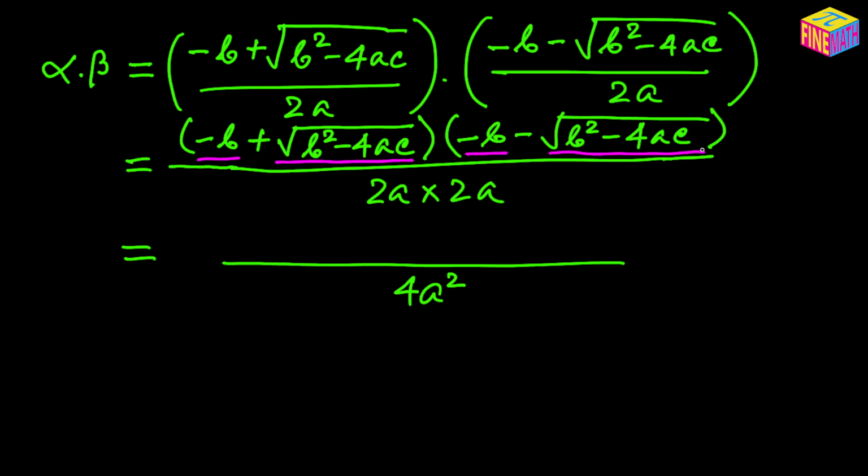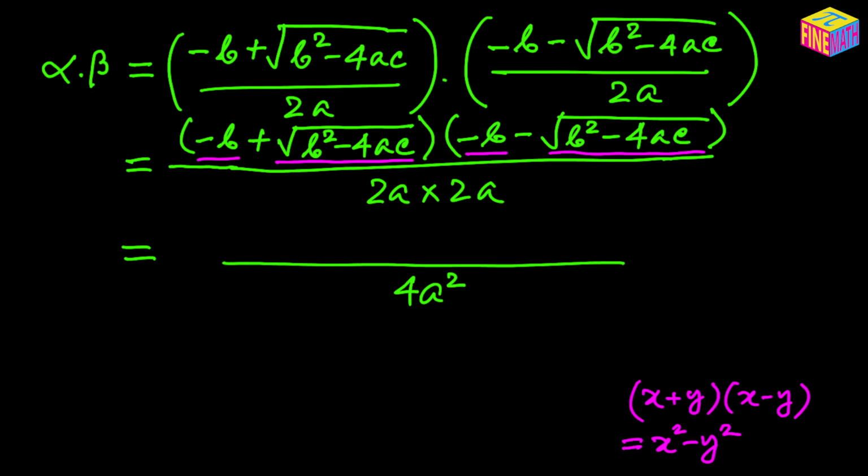It looks like x plus y times x minus y, where x is actually the negative b and y is actually the square root of b squared minus 4ac. So it's clearly x plus y multiplied by x minus y. Do you see that picture? Now this actually becomes x squared minus y squared.